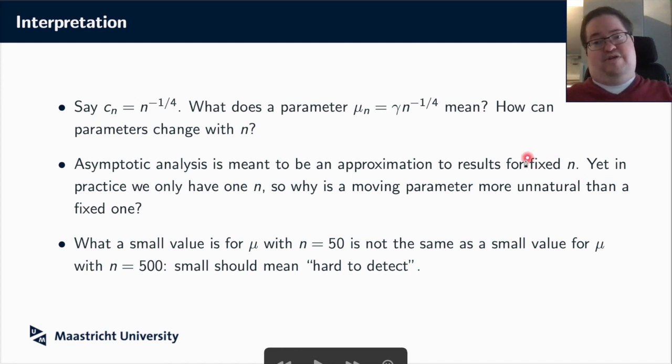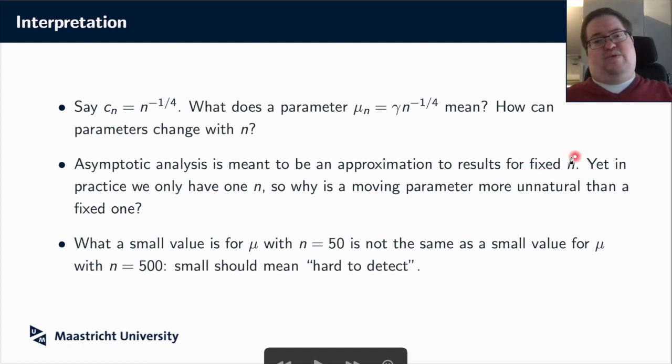What we're interested in is deriving results for fixed n. Well, that's what we have in practice, right? We have one n, so we would want to have results for fixed n. Now we are generally incapable of deriving those results. So the only thing we can do is resort to asymptotics, but this is meant to be an approximation of what happens for fixed n.